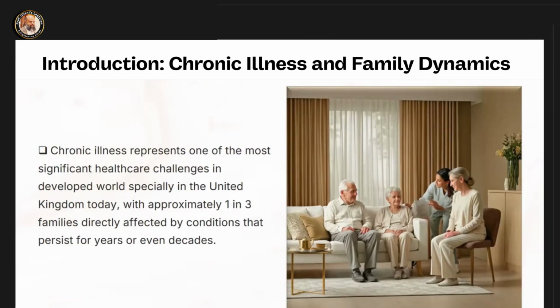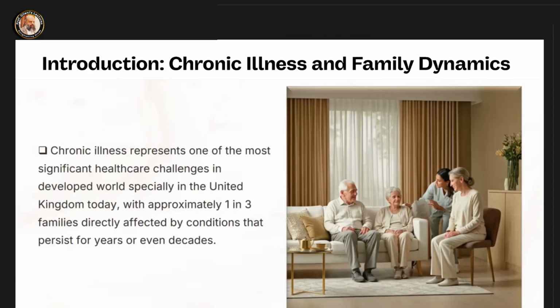Chronic illness represents one of the most significant healthcare challenges in the developed world, especially in the United Kingdom today, with approximately 1 in 3 families directly affected by conditions that persist for years or even decades.